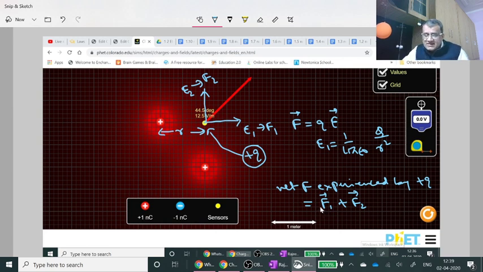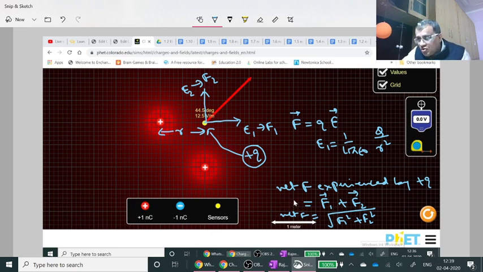Now, even though I expect that you should be able to do it, let me quickly revise it for you. F1 and F2 are perpendicular to each other, so the magnitude of this net force is under root of F1 square plus F2 square, because the angle between F1 and F2 is 90. Otherwise, in general, it is A square plus B square plus 2AB cos of angle between A and B. Taking the under root of that, you get the net force.